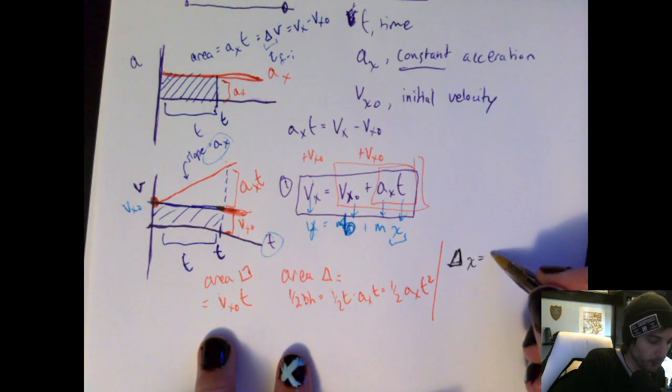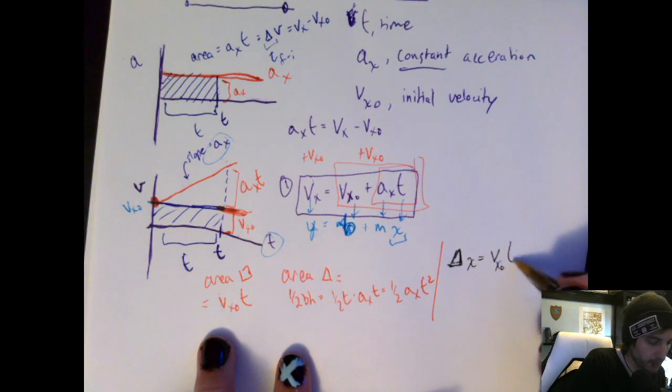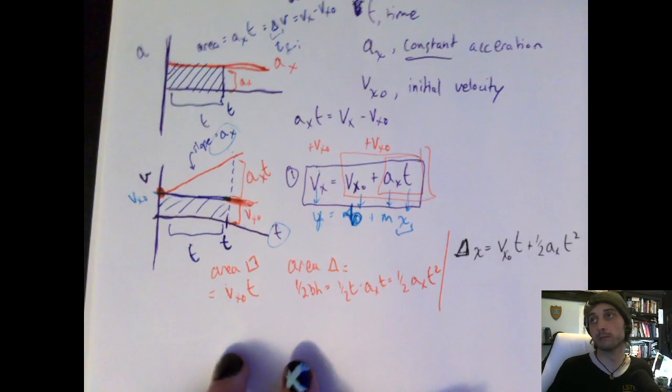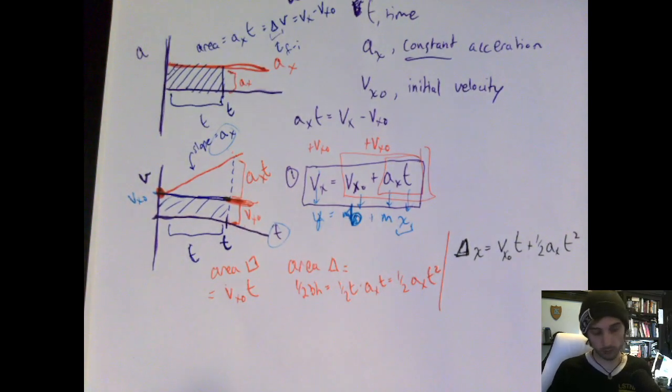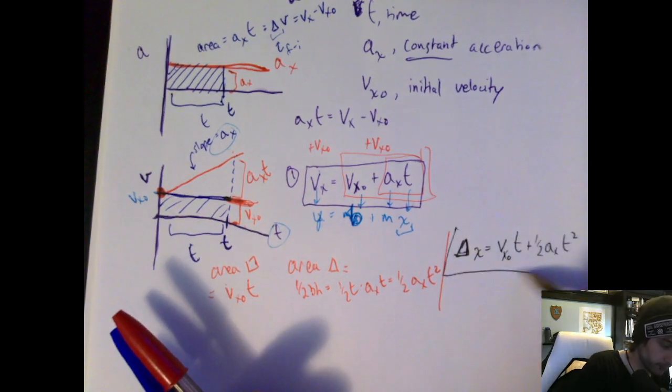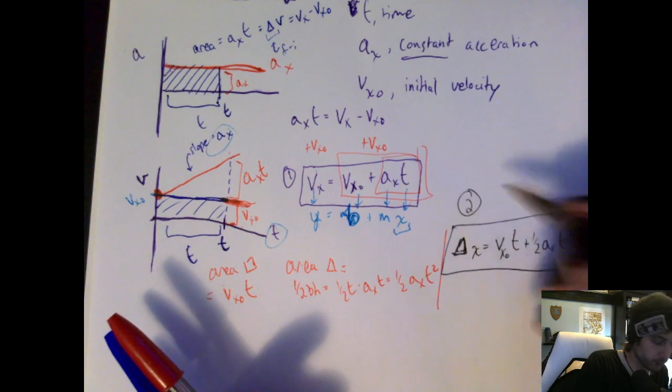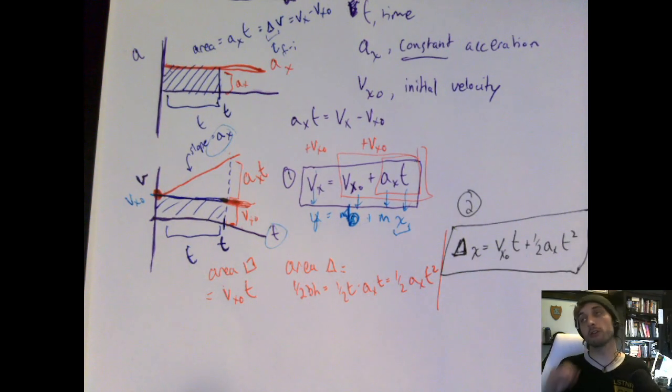So that'll be Vx naught times t plus 1/2 ax t squared. This is our second equation. So those are our two main kinematics equations, and with those, in theory, we can figure everything out.